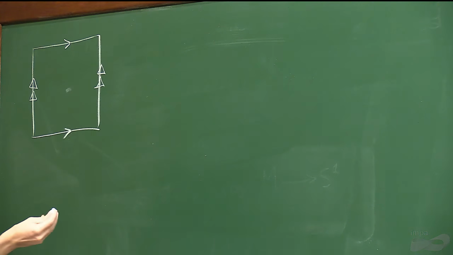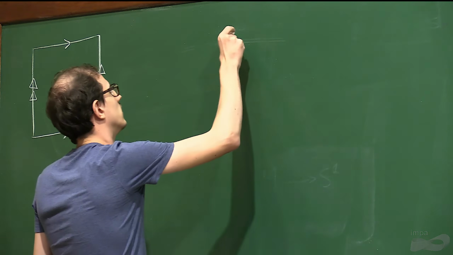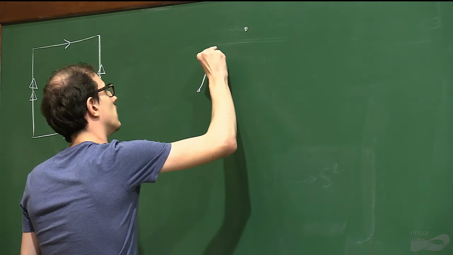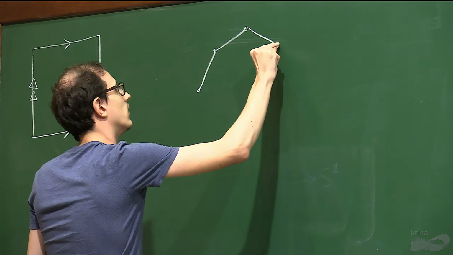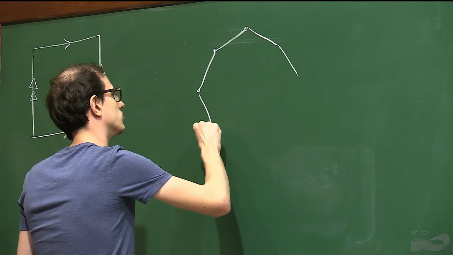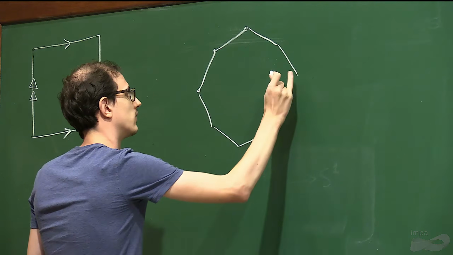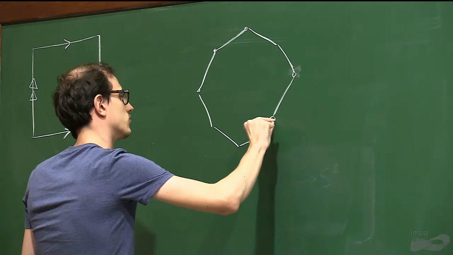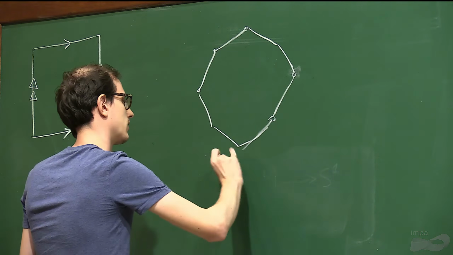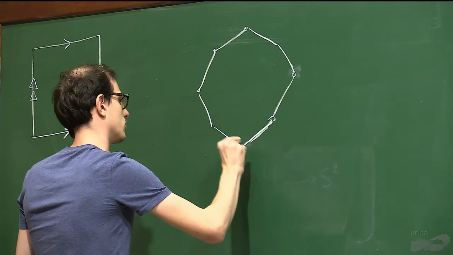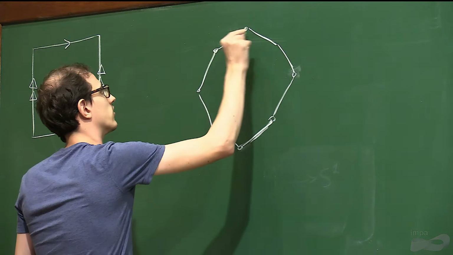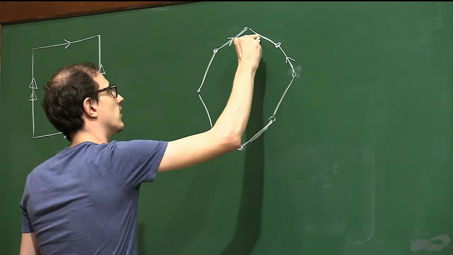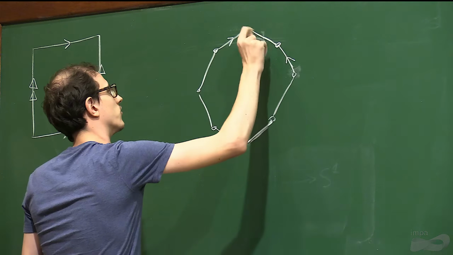So just to compare with the genus 2 surface. Also, the genus 2 surface can be seen as a quotient of an octagon. You can just choose. Oh, let's do it this way.